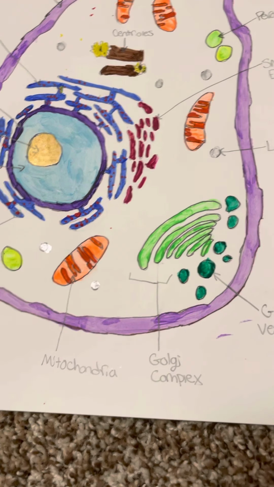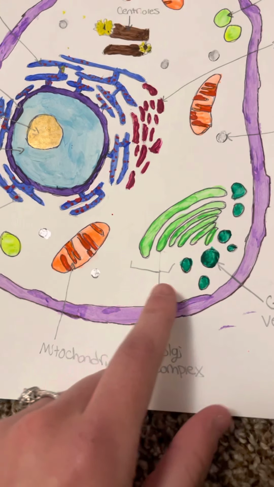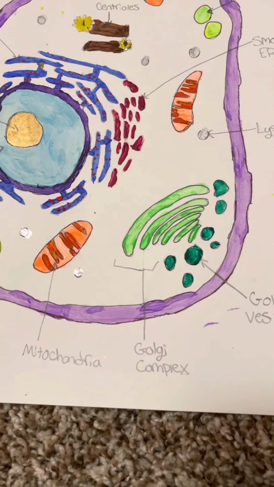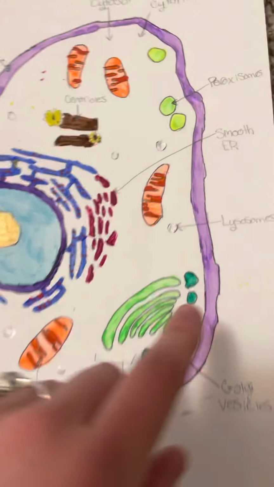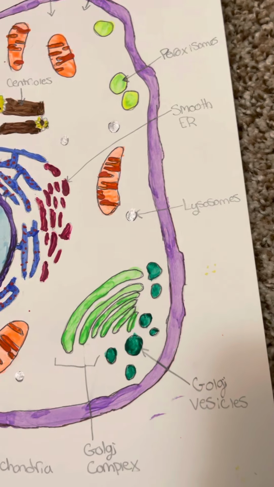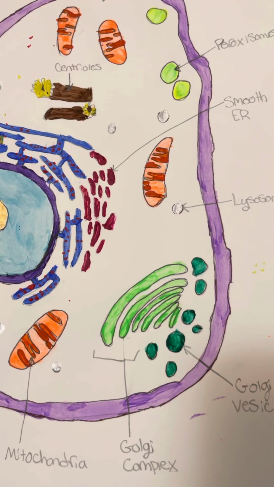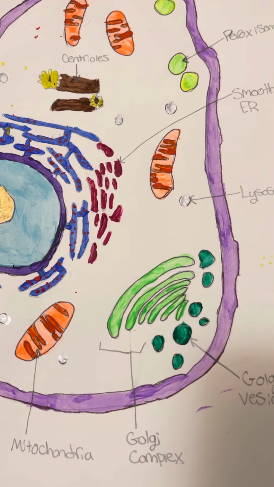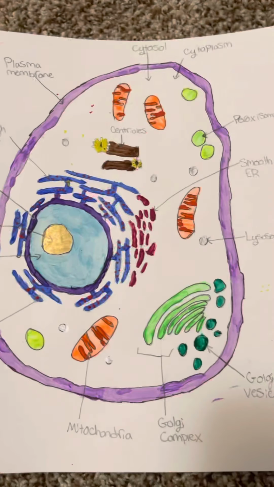And they can be used to export products through the cell membrane, so they can transport products through the cell membrane using exocytosis. And lysosomes are going to be these gray circles right here, and they are a specialized type of Golgi vesicles, and they have small hollow packets that contain digestive enzymes, and they break down unwanted materials throughout the cell.